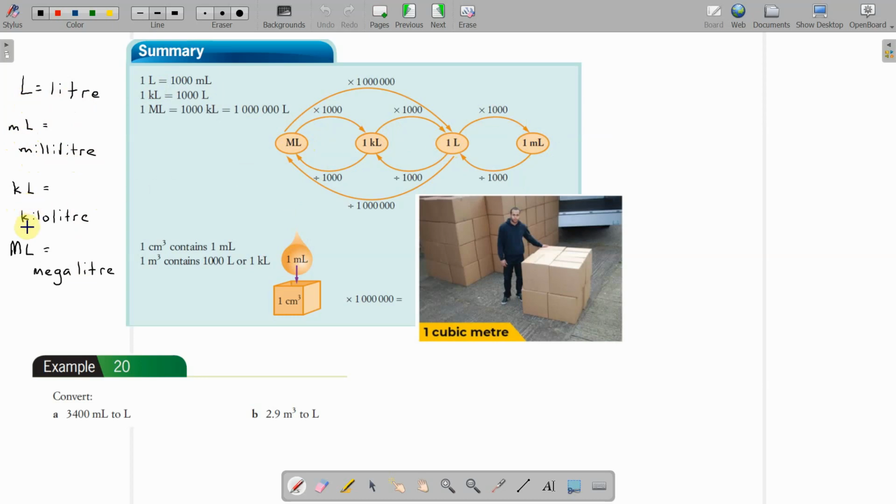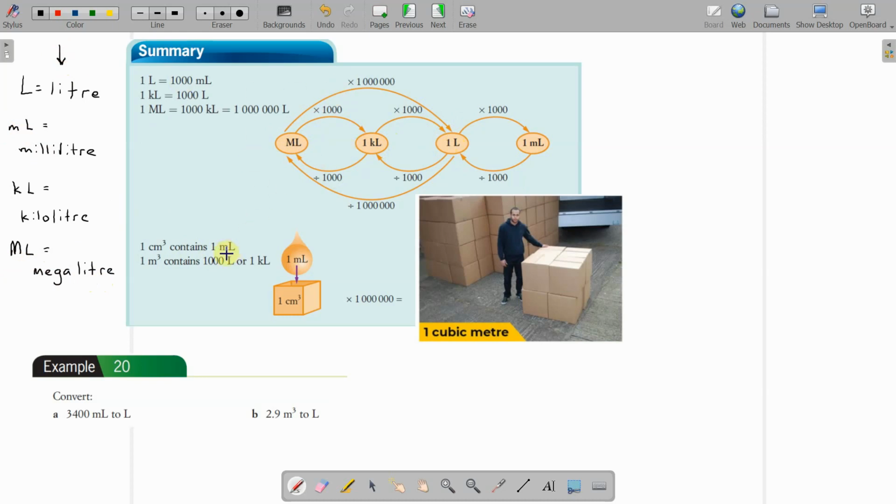A kilolitre, just like kilometre, is 1,000 litres. A megalitre, uppercase M and L, don't confuse it with millilitres, is 1 million litres. This part you'll need to write out, not the summary.